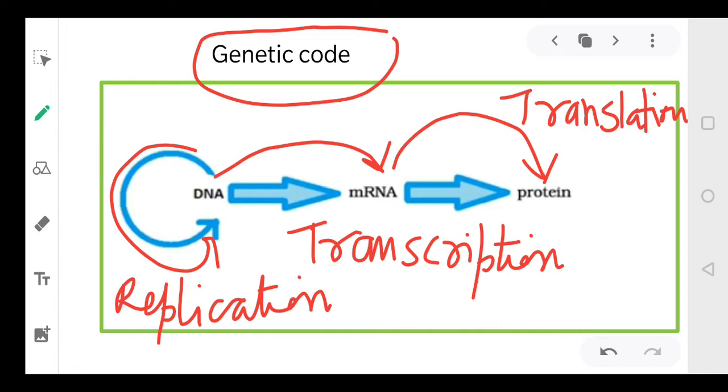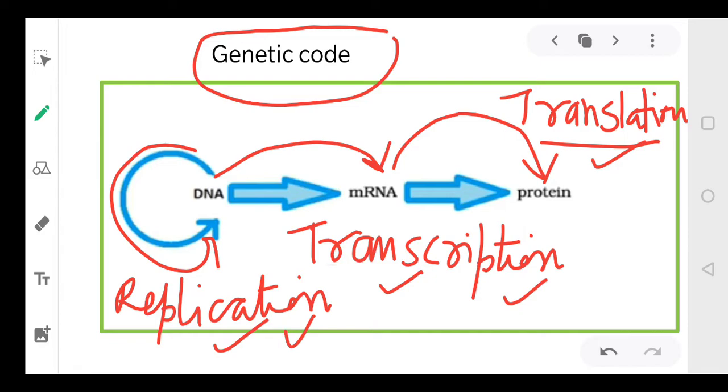So we have three processes in series: replication, transcription, translation. And all three depend on each other. Replication we have read about so far, transcription we have just finished. Now we were left with translation.